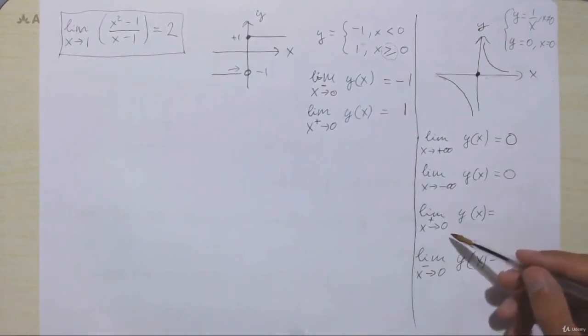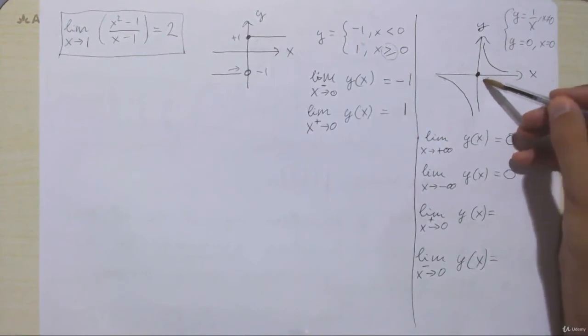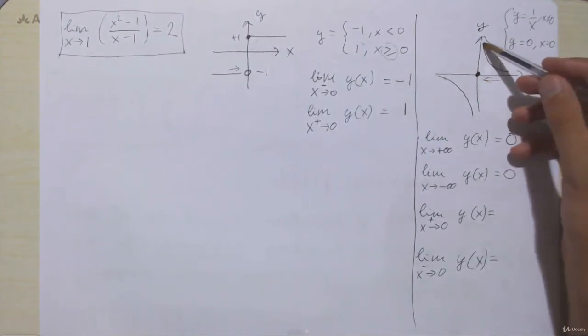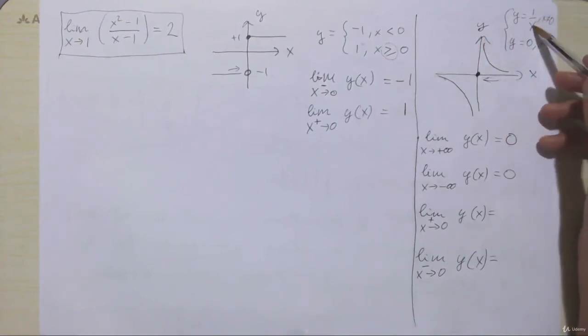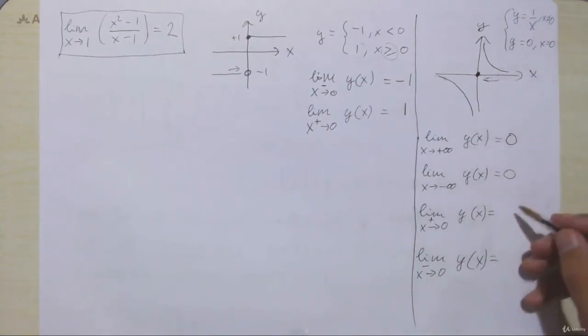If x approaches 0 from the positive side, so from this side, then this value here would never touch the y-axis, but it would go further and further up because I would divide by a smaller and smaller number. So I would end up with plus infinity.